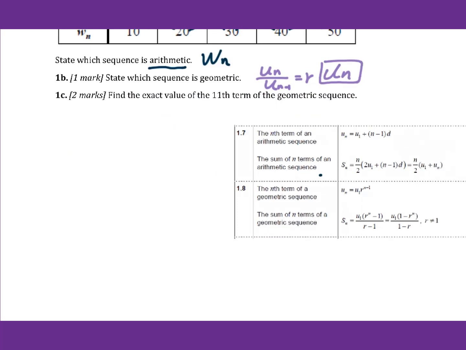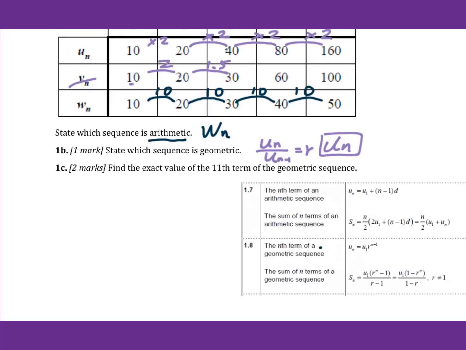Now let's go to 1c. Find the exact value of the 11th term of the geometric sequence. We know u sub n is a geometric sequence, and u sub 1 is 10. r equals 2. We're looking for u sub 11.